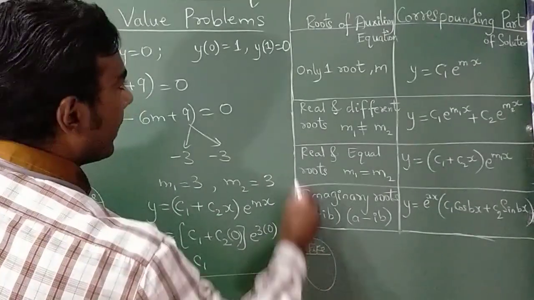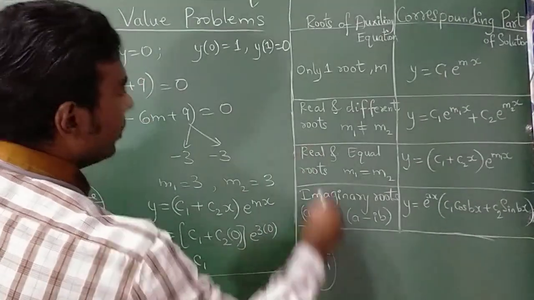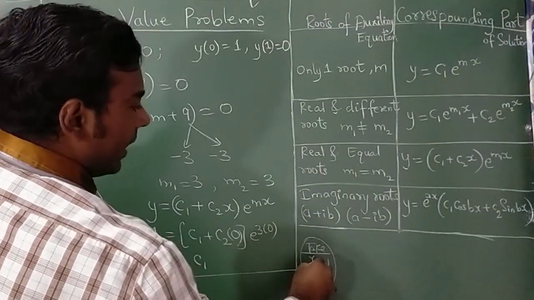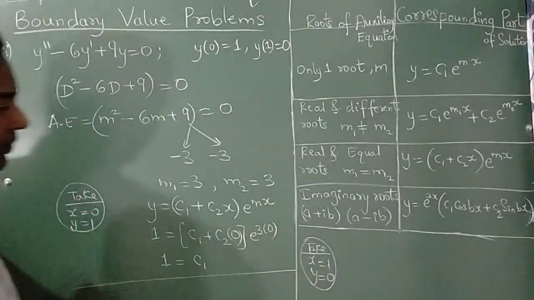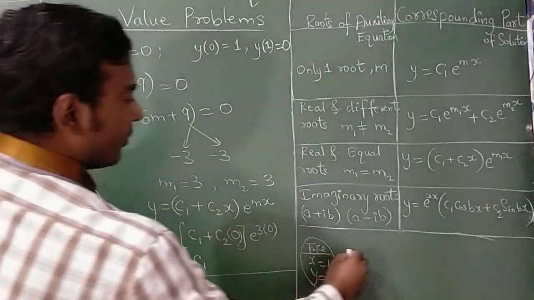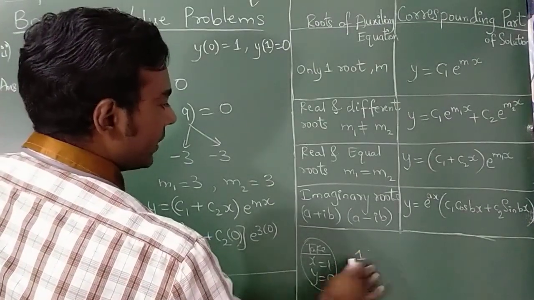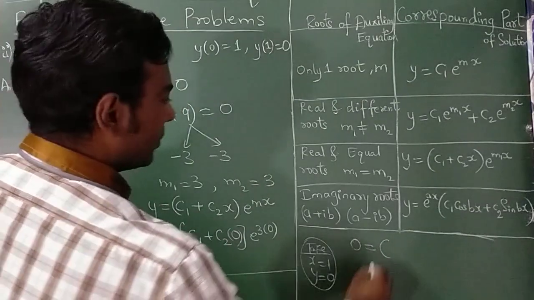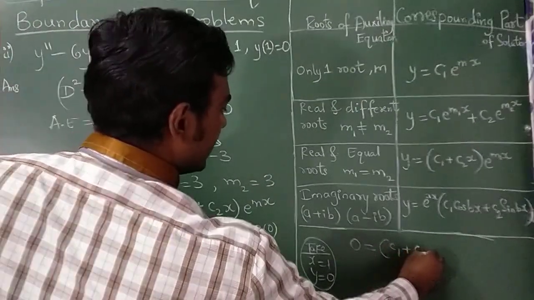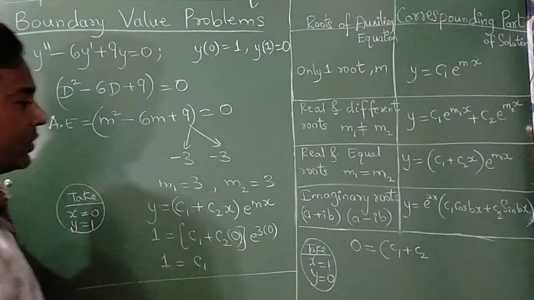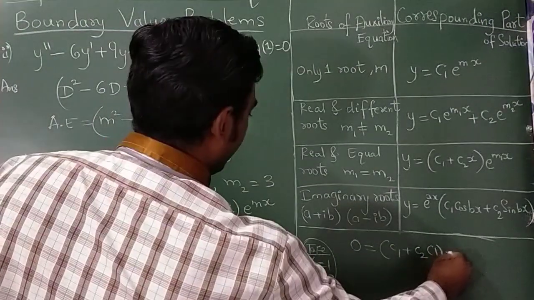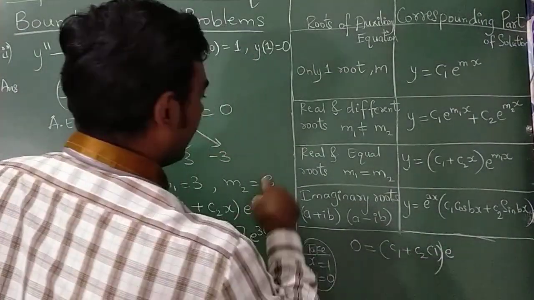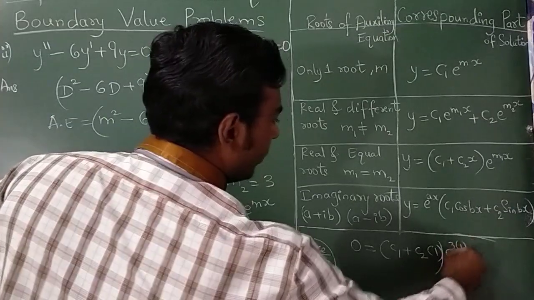Take x is equal to 1 and y is equal to 0. In place of y, I am going to substitute 0, and c1 plus c2, x value is 1, e raised to m value is 3 into 1.